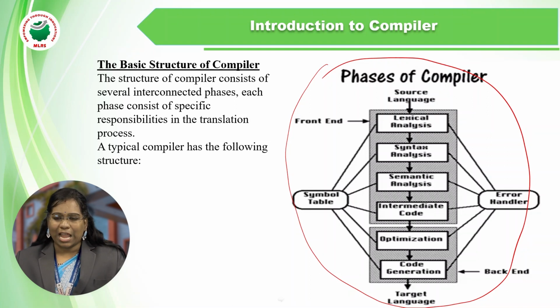So the source language, the lexical analyzer, and the other 5 phases rectify the code. So first, what is the source language? The source language is the human written language which consists of high level programming codes like C, C++ and Java.